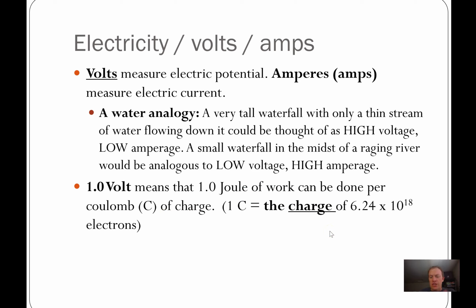A coulomb is the amount of charge in 6.24 times 10 to the 18th electrons. And an amp suggests 1 coulomb per second. So basically the voltage has to do with the electric potential difference between two things, and the amp has more to do with the quantity of electrons that are moving through.